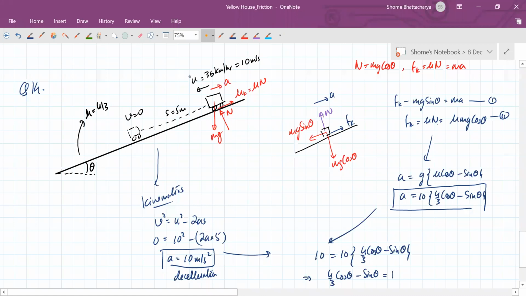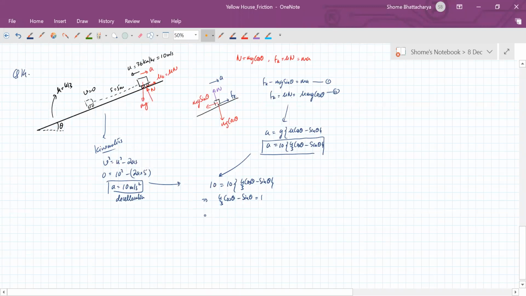Now you can use that trigonometry thing that we were doing yesterday. No? A sin theta plus b cos theta can always be written as root of a square plus b square into sin theta plus alpha, where alpha is tan inverse b by a. Remember we were discussing this yesterday.